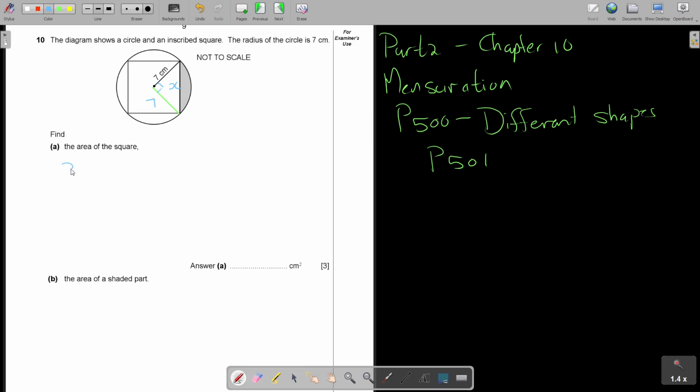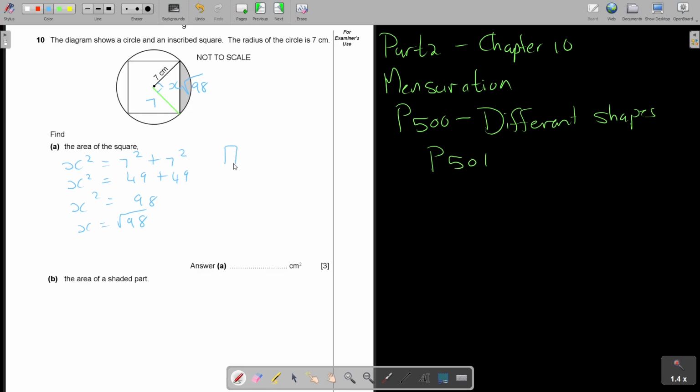So I can say that x squared is equal to 7 squared plus 7 squared. So x squared equals 49 plus 49, which is 98, and then I take the square root of 98. Okay, leave it like this. Don't approximate it first. So I just know it's the square root of 98.